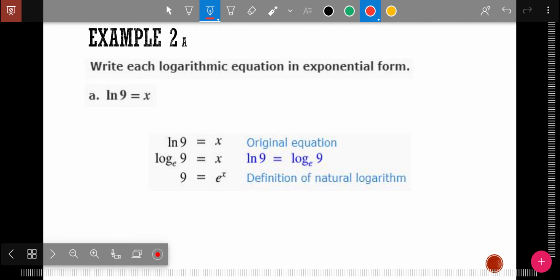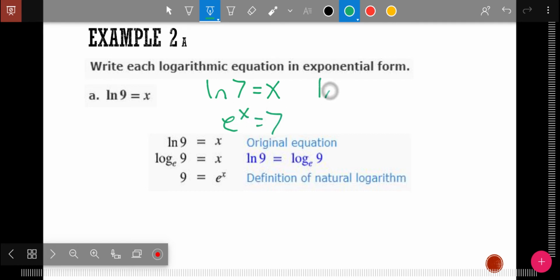Again, we're now going the other way, from logarithmic form to exponential form. So this is log base e. So it's just saying e to the power of x equals 9. Let's look at another example. If I have ln of 7 equals x, then I would have e to the power of x equals 7.